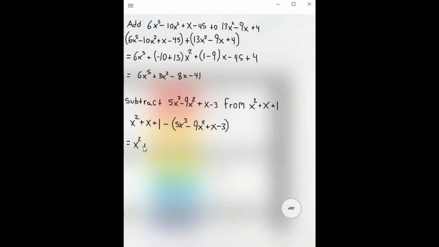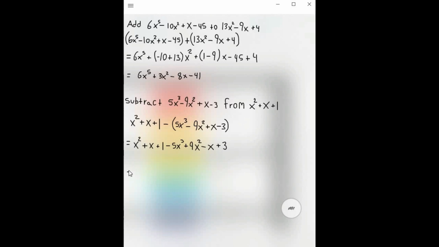So we're going to have x squared plus x plus 1. And we're going to subtract that from 5x to the 3, minus 9x squared turned into a positive 9x squared, and plus x turns into a minus x, and minus 3 turned into a plus 3.